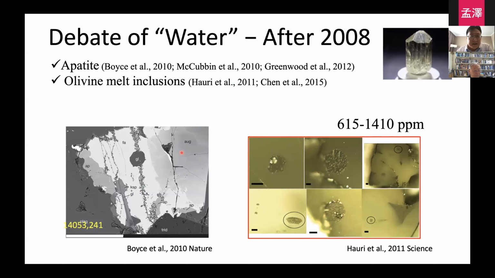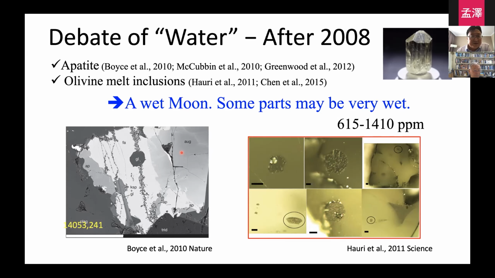And also Hauri and Albert Saal analyzed the olivine melt inclusions in the Apollo 17 soils. All these studies show that this is a wet moon, and some parts may be very wet, especially those olivine melt inclusions. They contain up to 1400 ppm water.